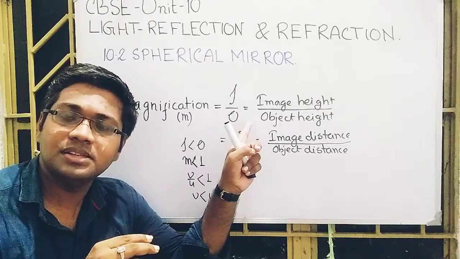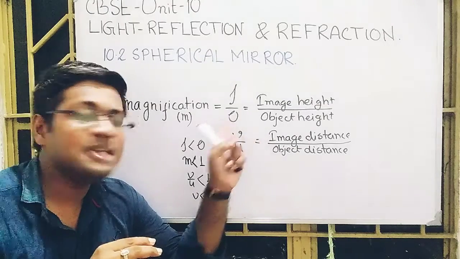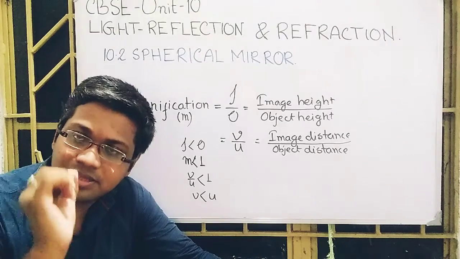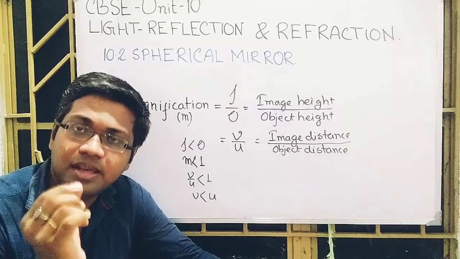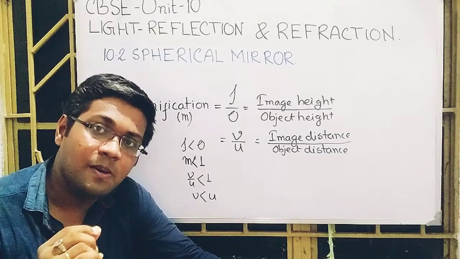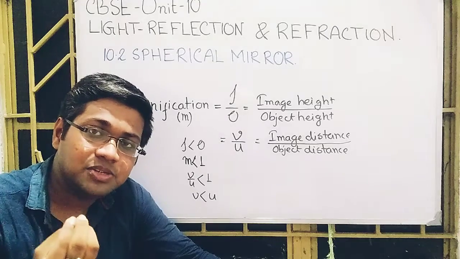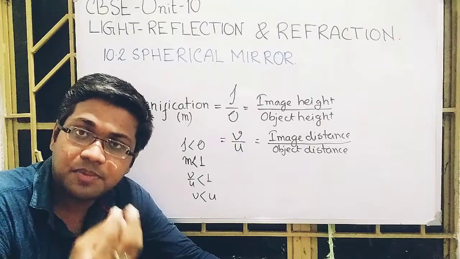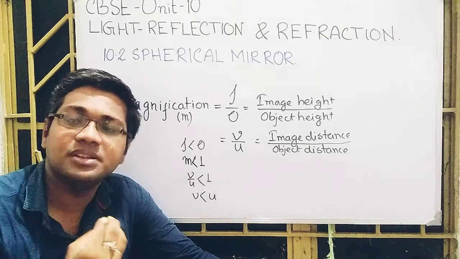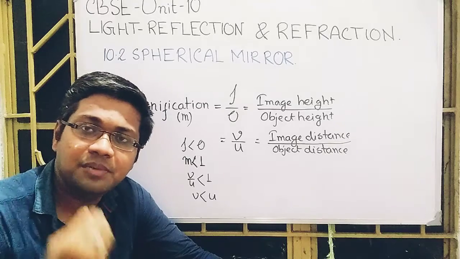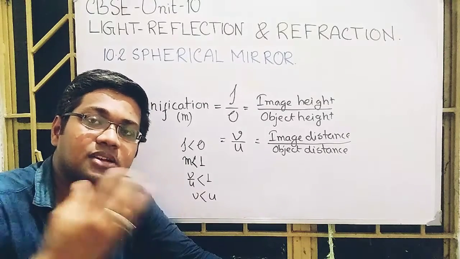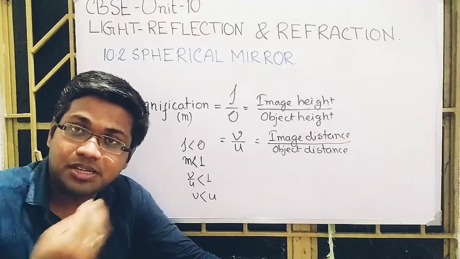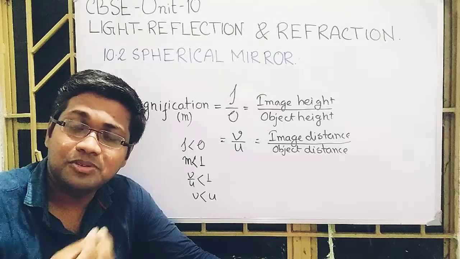So the magnification is nothing but a number, a numerical value. It tells by how much the image will be diminished, by how much the image will be shorter than the object, by how much the image will be greater in size than the object, and where the image should be if the object is placed here.